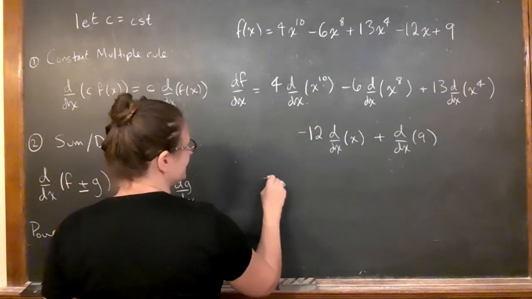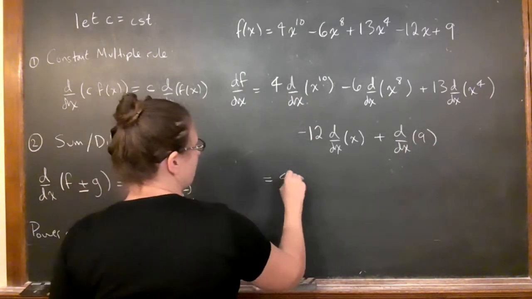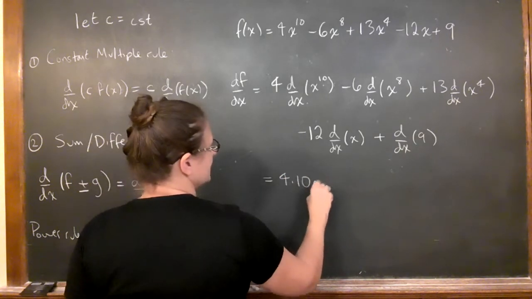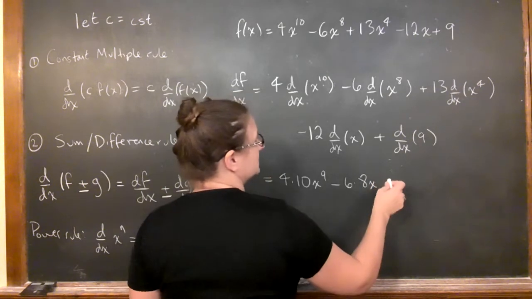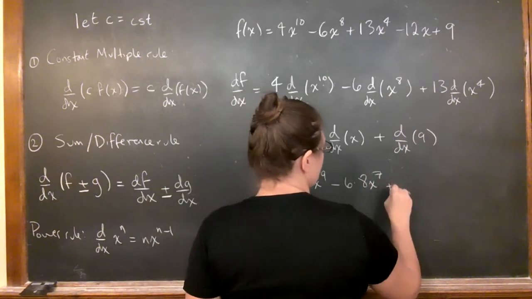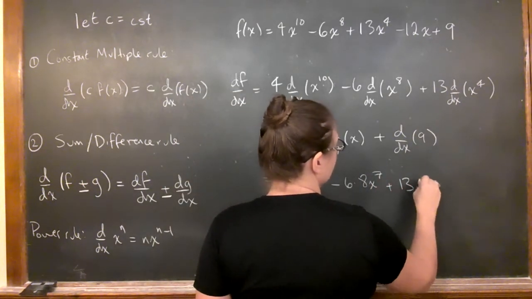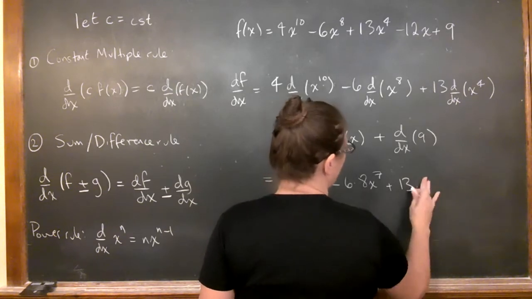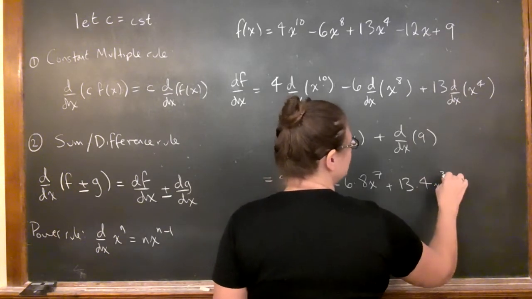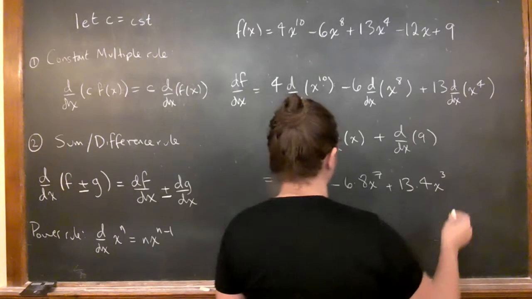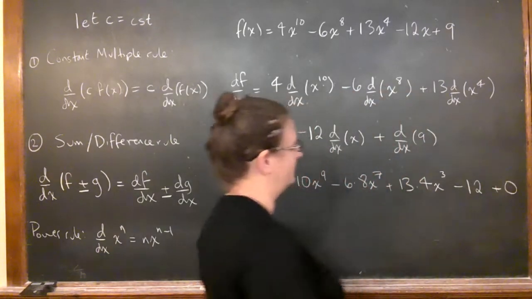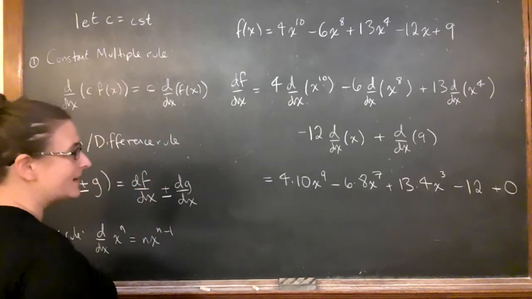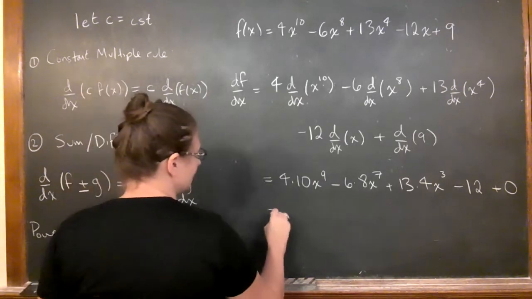Okay, so I go through and do those, and I've got 4 times 10x to the 9th minus 6 times 8x to the 7th plus 13 times 4x cubed minus 12 times 1 plus 0, right? Because derivative of constant is 0. Okay, so there's my derivative.